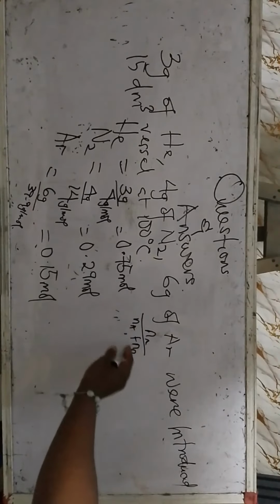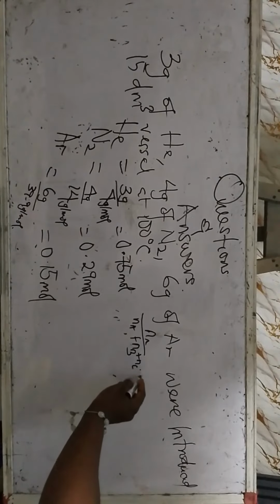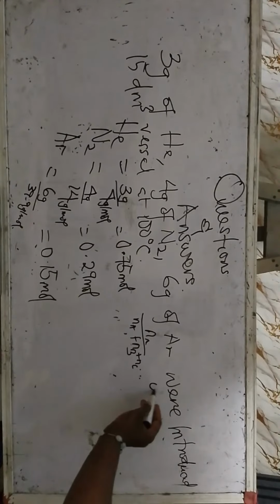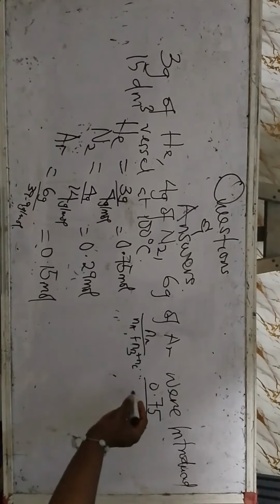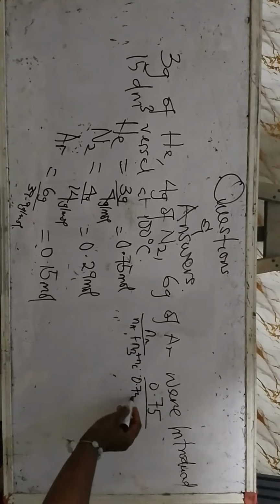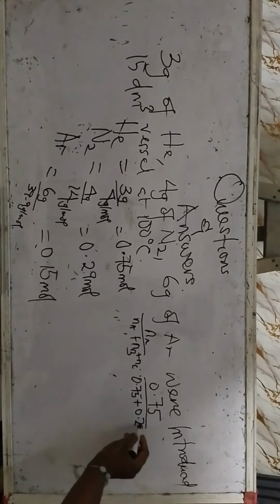Meaning if we have 2, you make it 2. If it's 3, you continue Nc to infinity. So for helium, it will be 0.75 all over the sum of helium, nitrogen gas and argon.